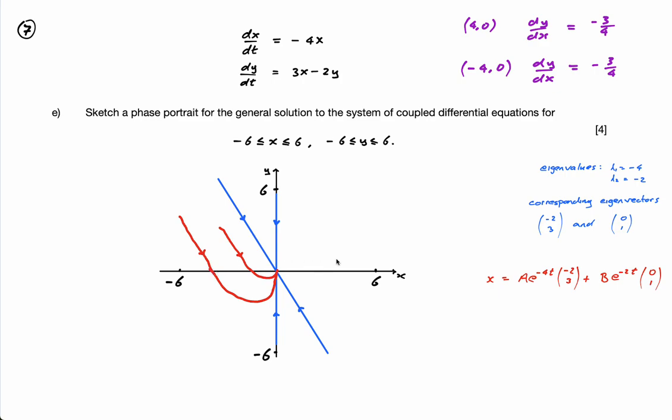At -4, 0 and 4, 0, which is approximately here, you should have a gradient of approximately -3/4, which is at least negative. It's going down like this. So this one follows the direction of the eigenvector until it gets to the second eigenvector, and then it goes in towards 0. I'm going to put an arrow there again.